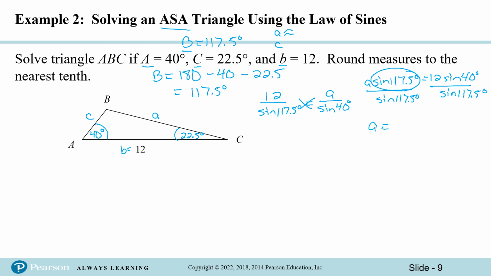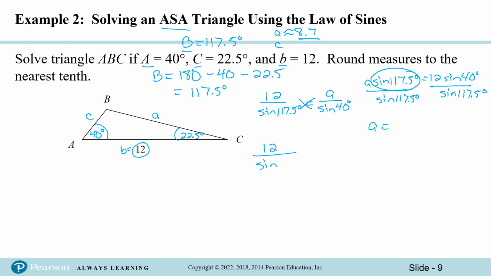And we get A is approximately 8.7. We don't have a unit. And then 12 over sine. I could do 8.7 over the sine of 40 to get my C, but I prefer whole numbers, and this has been rounded.